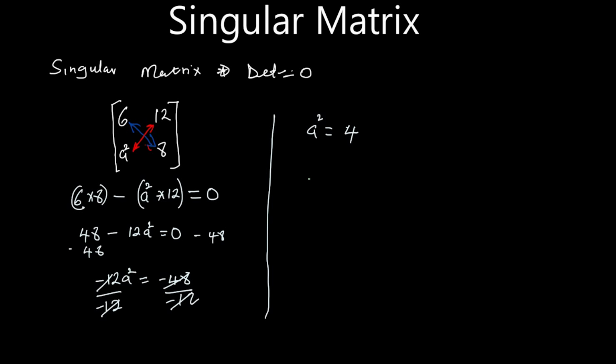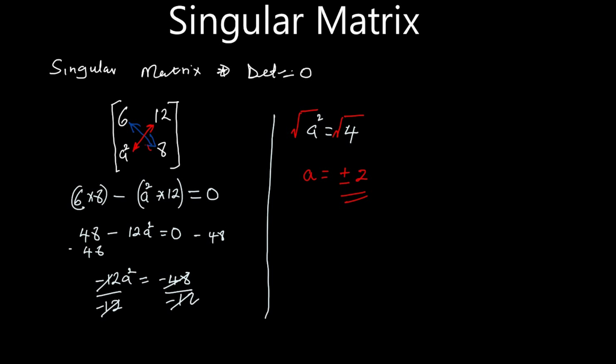For us to get the value of A, we take the square root on both sides. So we get the root of A squared, the root of 4, so that now A will be equal to plus or minus 2. And this is the value of A that we have been told to look for.